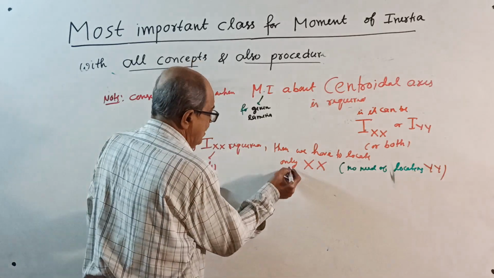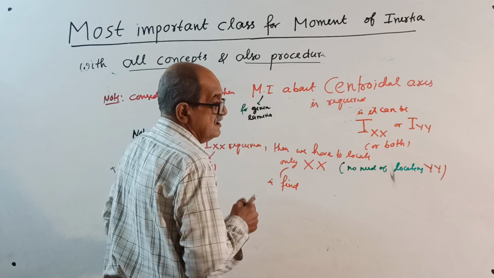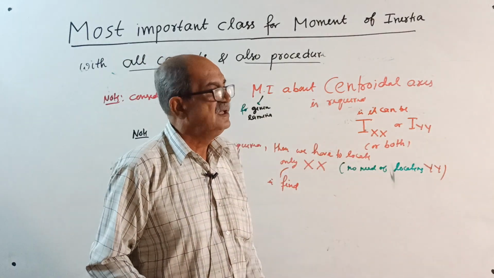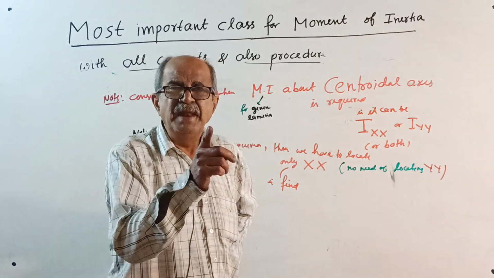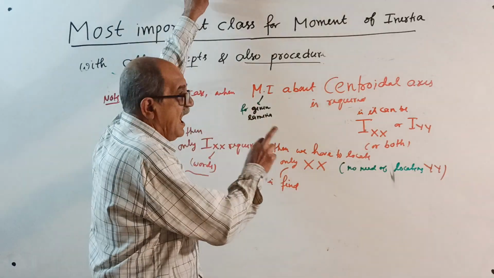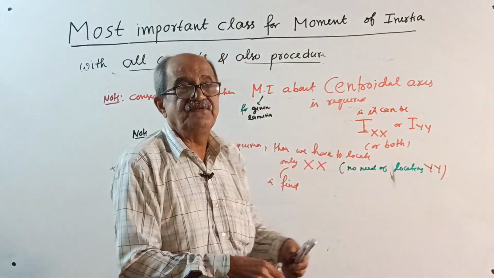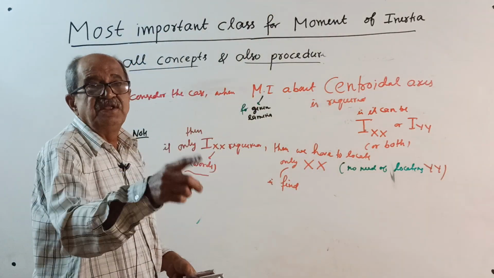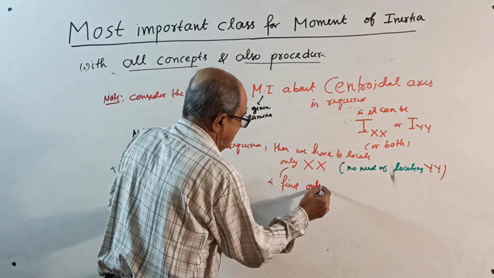But remember, for only XX, what do we find? In the offline class I will ask: X bar or Y bar? Some will say X bar. I told you many times, if the axis is horizontal, it is Y bar. When you want to locate a horizontal axis, you should consider vertical distance, that is, find only Y bar.